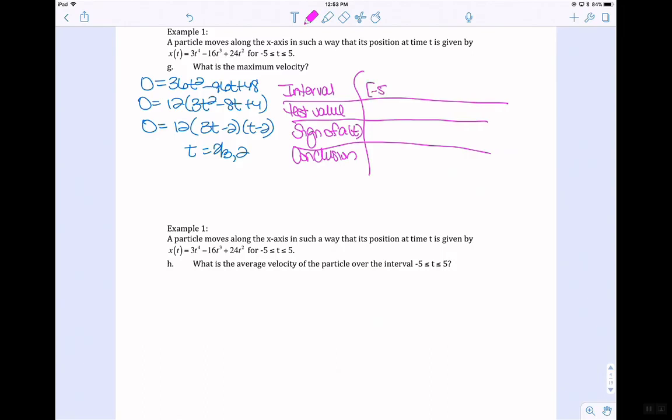So I'm going to go from -5 to 2/3, 2/3 to 2, and 2 to 5. Okay.